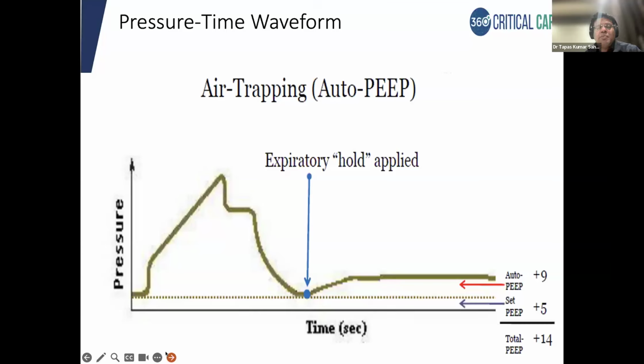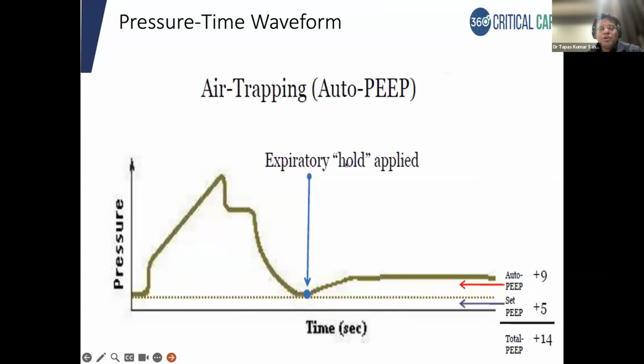So the examiner would be bombarding you with almost 7-8 questions on PEEP. So please clarify all the things in 1 or 2 lines, because you will not get enough time to take 5 minutes for the PEEP only. So you have to be very crisp and answer to the point.